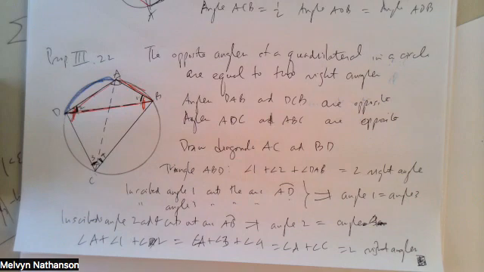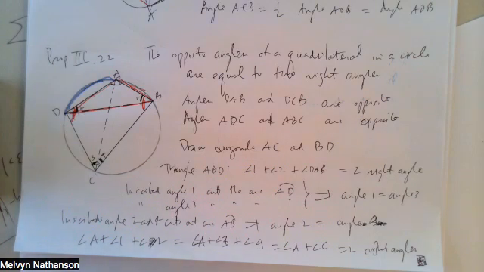So let me go through that again, because if you're not familiar with elementary plane geometry, these are the kinds of arguments that you have to learn how to do.